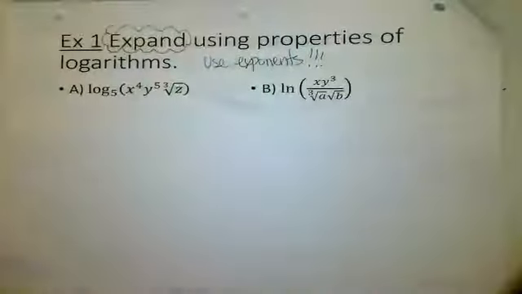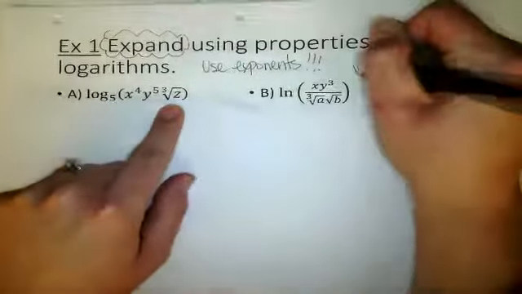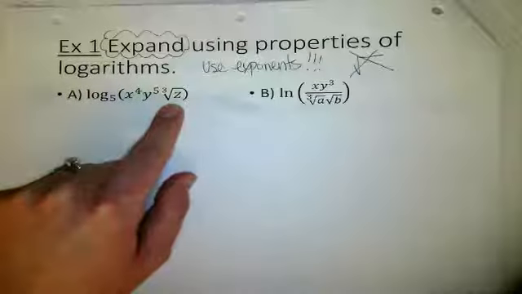As much as we can, we want to use exponents. I really like this section just for remembering our exponent properties, because calculus is all exponents and fractions. And so we want to be really good with them. I don't want to see any radicals. I want to use exponents.